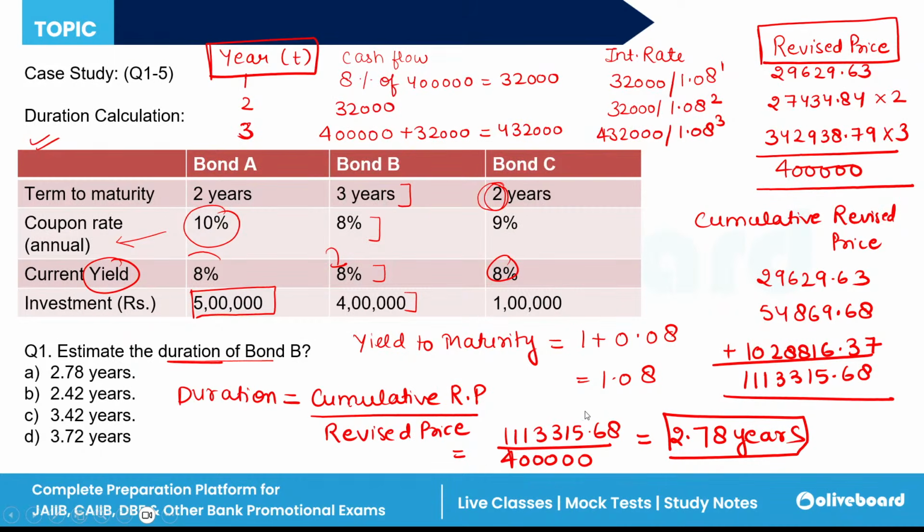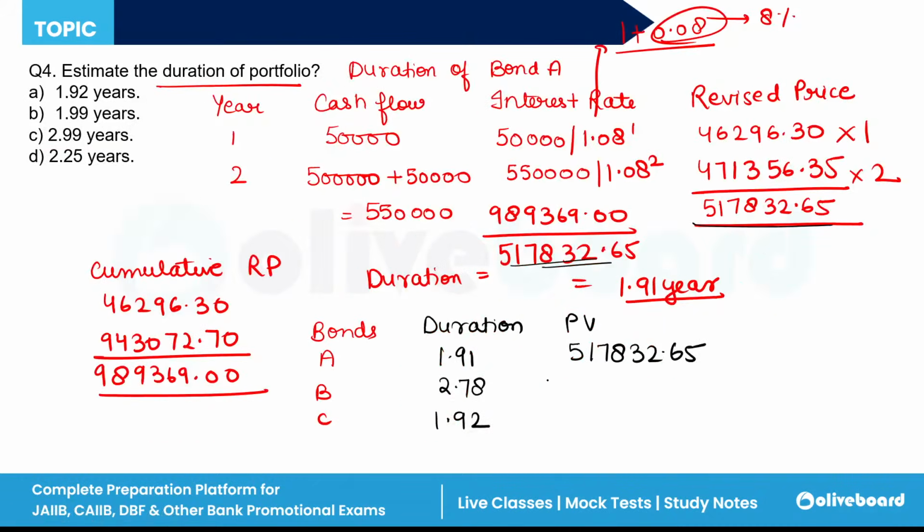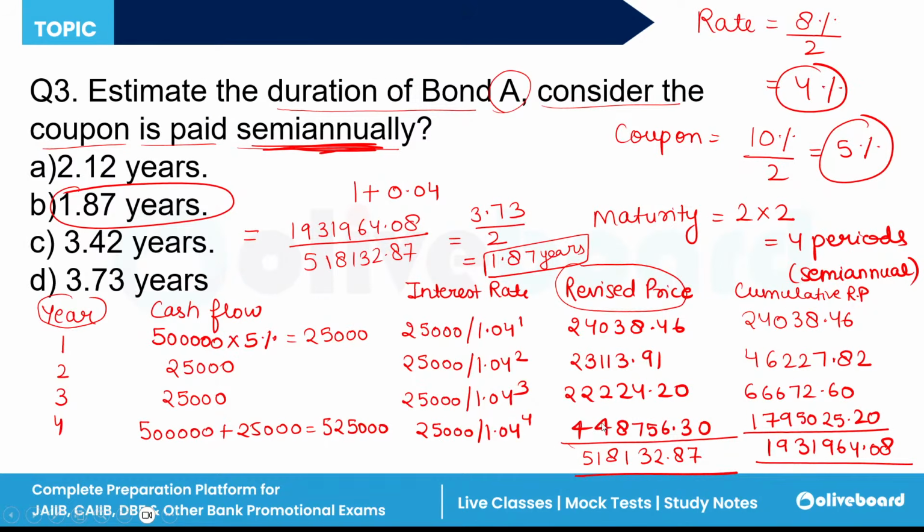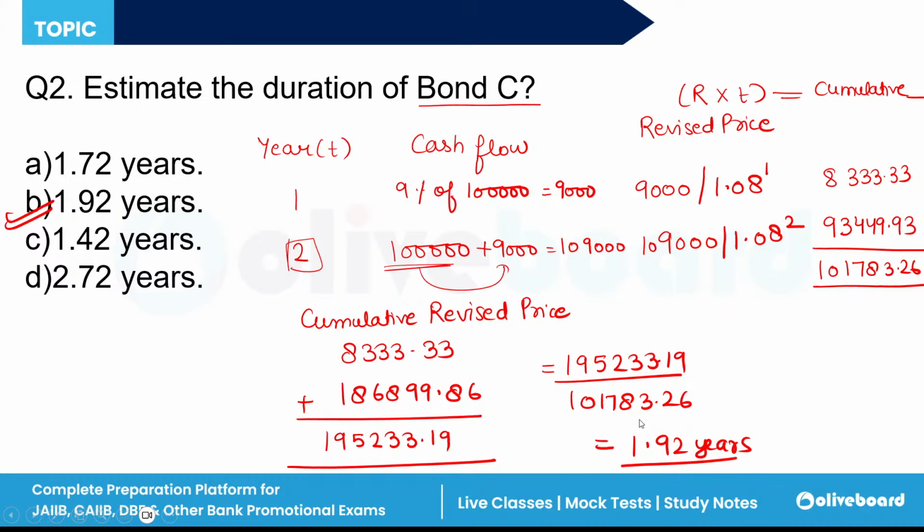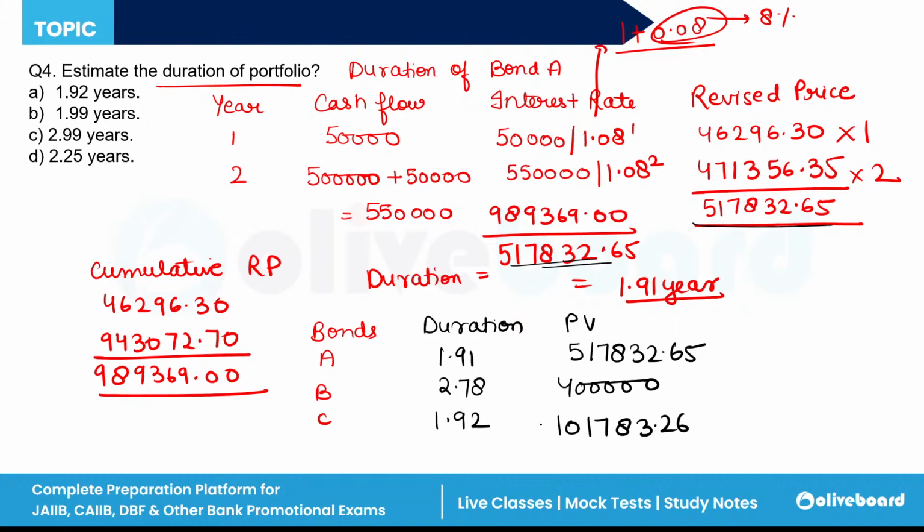For the second one we have here this 4 lakh, okay, sorry, portfolio value. Then third one we have here 10178.3.26, this one, where this one, right? So here after totaling it we get 1019615.91.